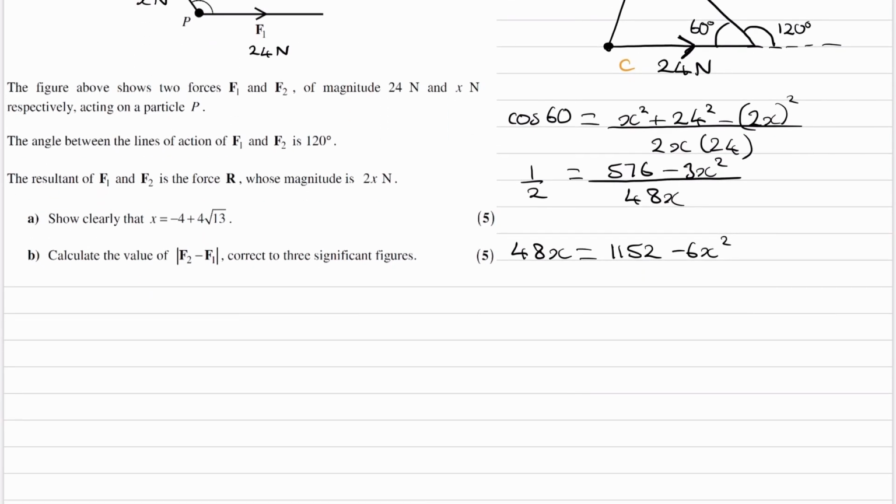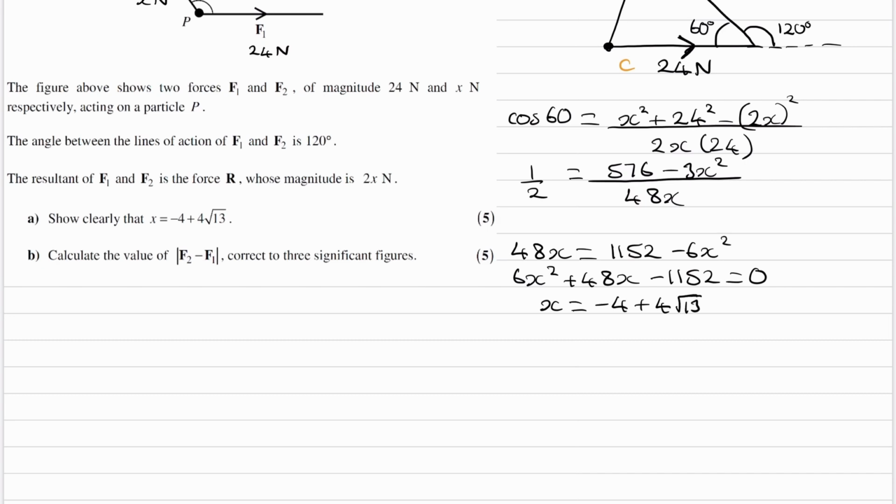And then bring everything to one side. So I'll bring it all to the left. We get this. Set it equal to 0. Solve the quadratic. And we end up with x being equal to minus 4 plus 4 root 13.